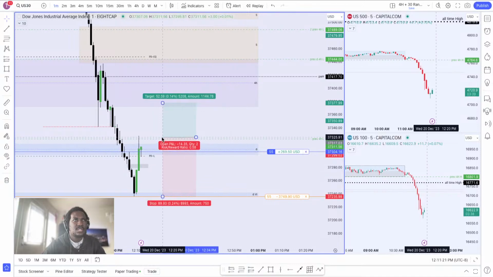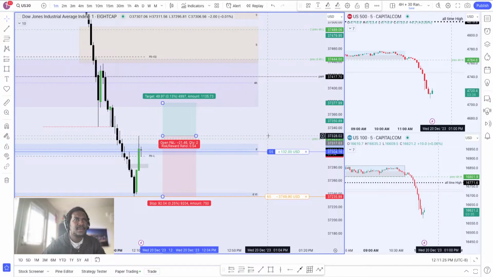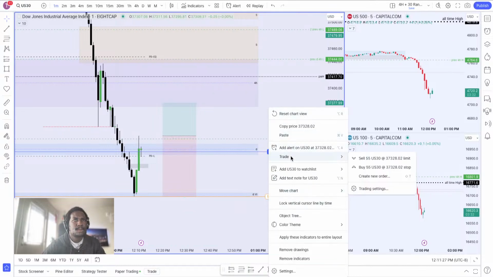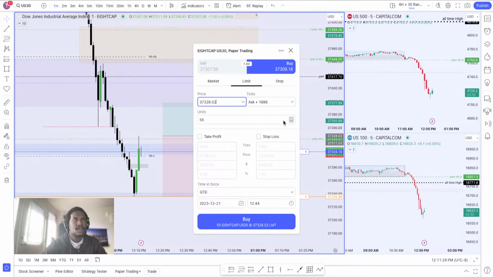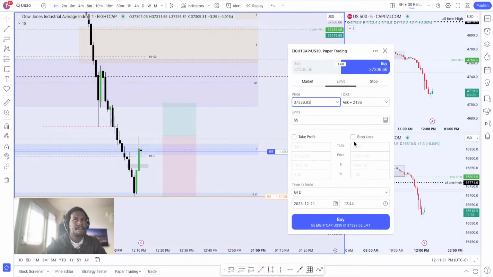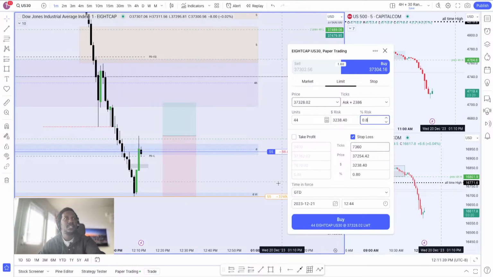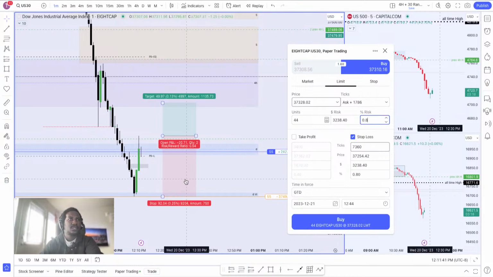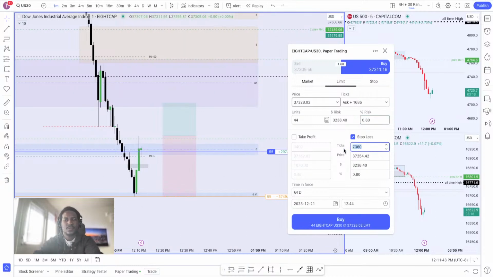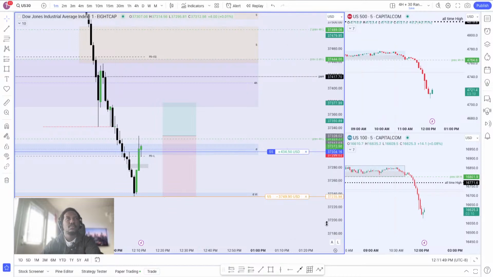Let me model that real quick so I can have a full percent laying in there. 0.8, not 10.8. The stop loss is 92.04. Buy, stop, boom, shakalaka.